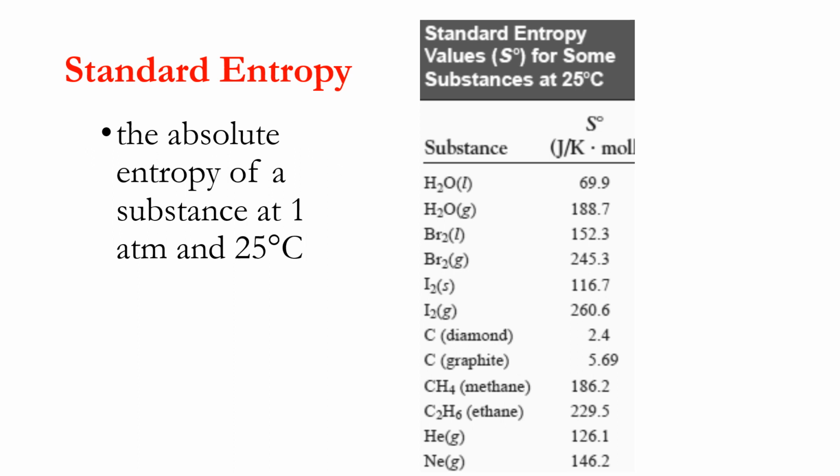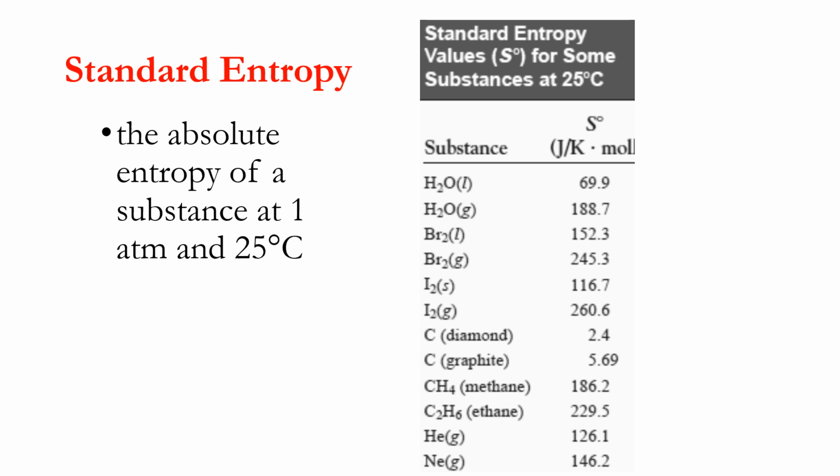So if you have here water in two different states, liquid and gas, we expect the degree of dispersion in gaseous to be greater, and therefore the entropy value is also greater than the liquid state, which is only 69.9. The unit of standard entropy is given as joule per Kelvin mole.